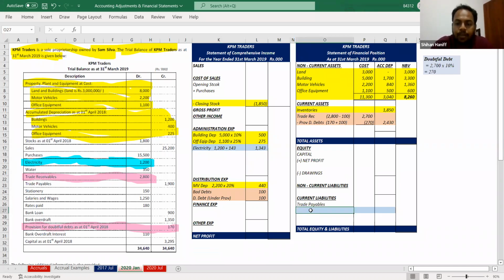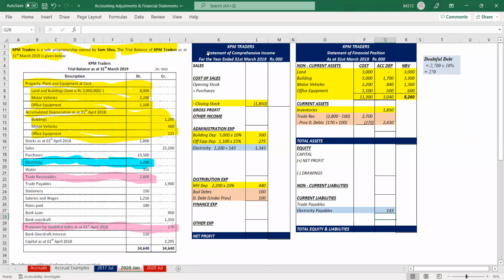And also we have to take this under current liabilities: electricity payable.